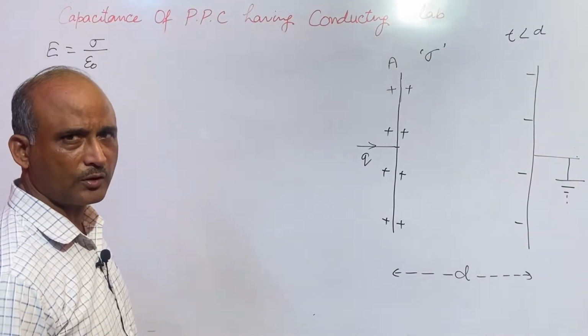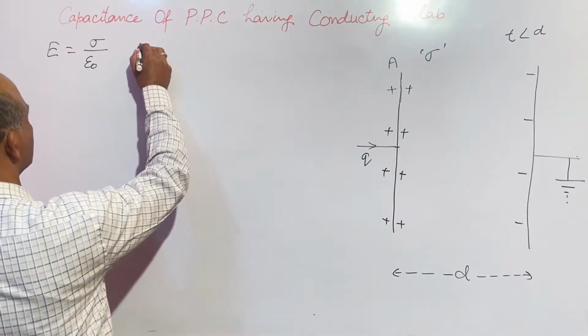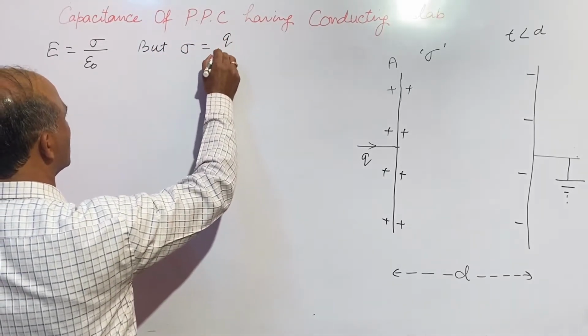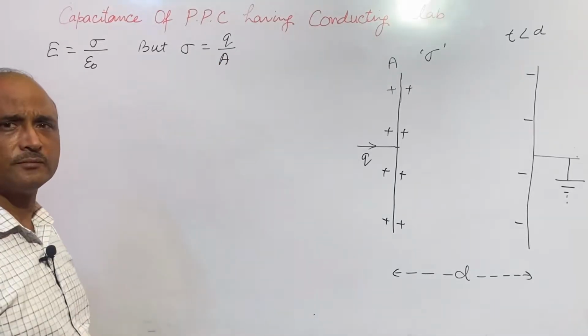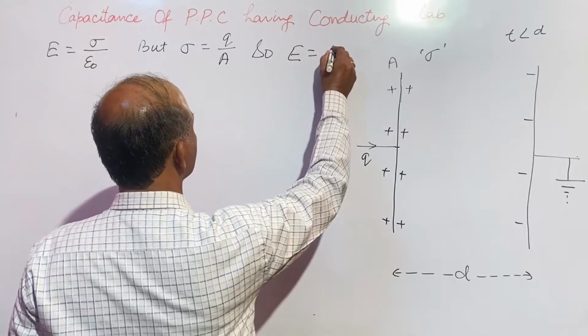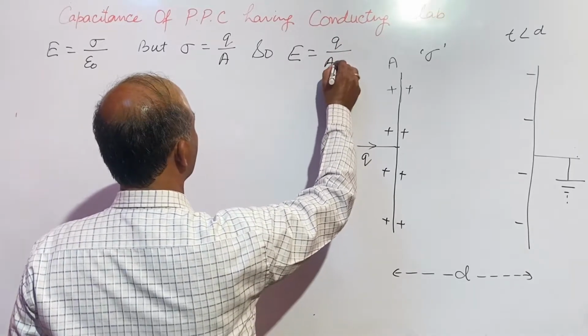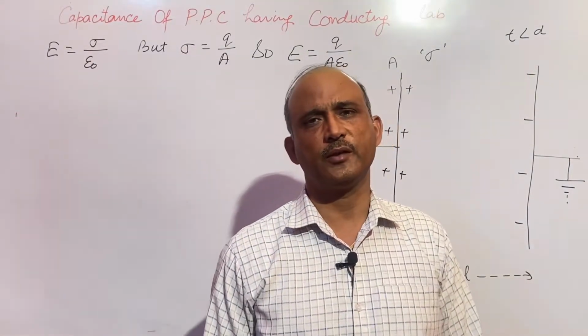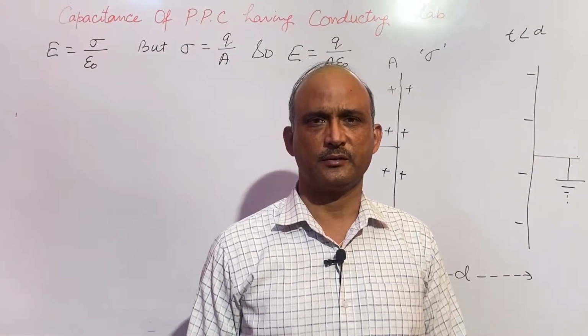We know that from the Gauss theorem, but sigma is equal to q upon A. So, E is equal to q upon A epsilon naught. It is the electric field between the plates of the capacitor.